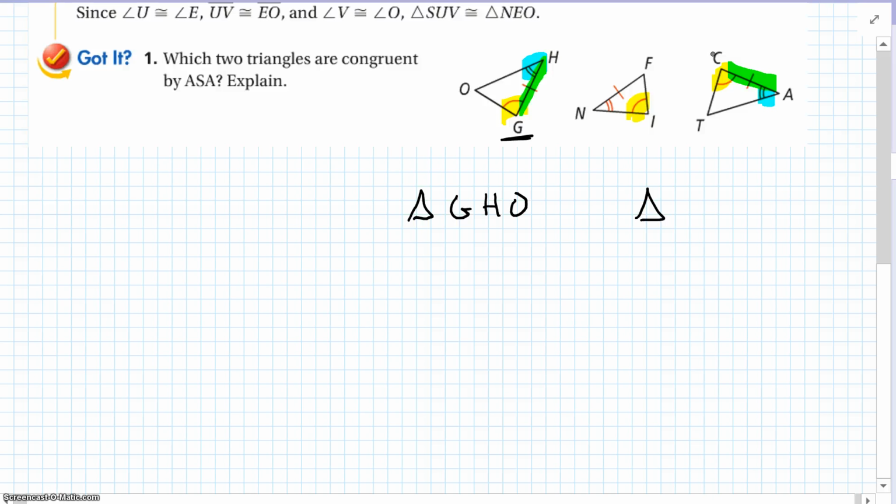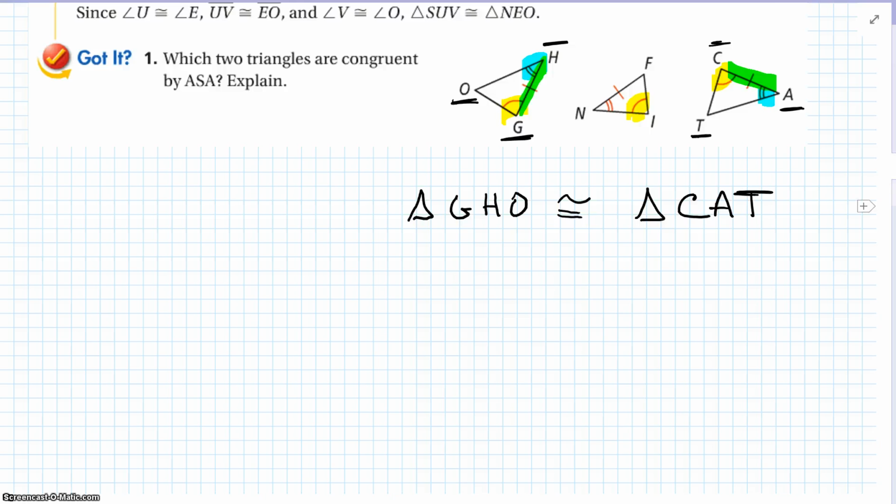G corresponds with C. H corresponds with A. O must correspond with T. So triangle GHO is congruent to triangle CAT. Okay, easy enough. Angle, side, angle.